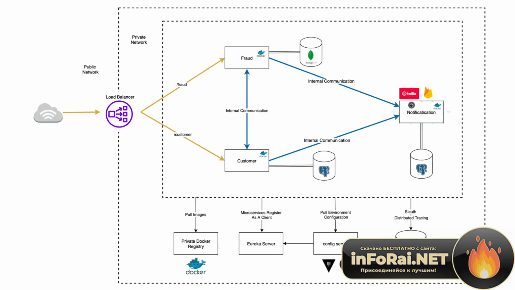Even more, let's say that customer right here is sending lots of traffic and we only have one notification instance. Now, what happens if notification gets too busy? Well, the notification won't be able to handle the requests coming from customer nor from fraud. It's just going to be too much. Well, you might be wondering, okay, maybe we can add a second instance.